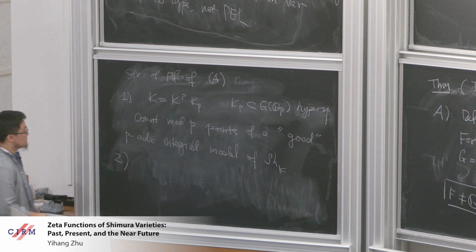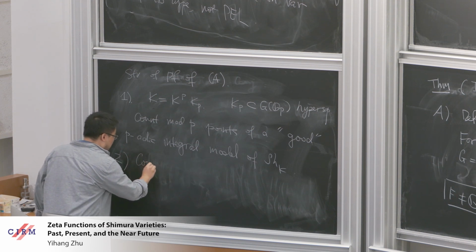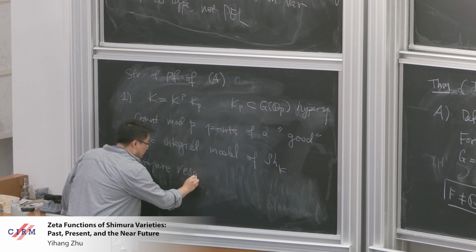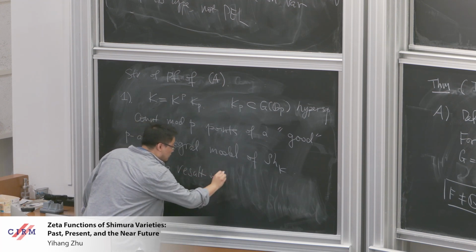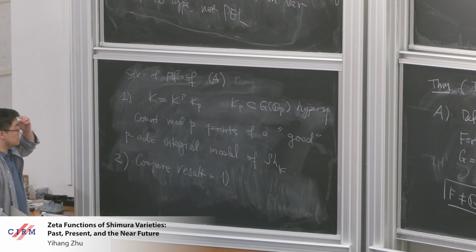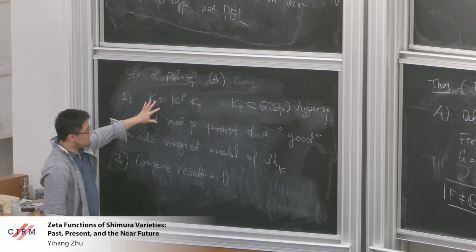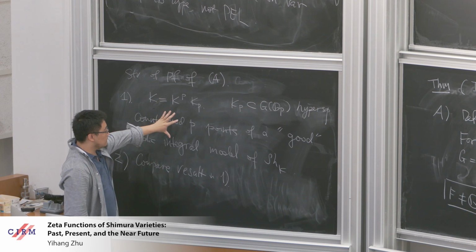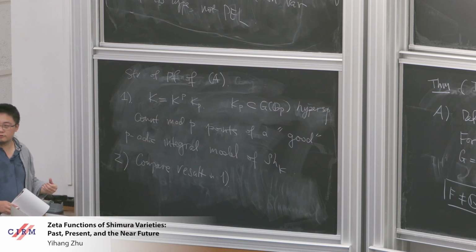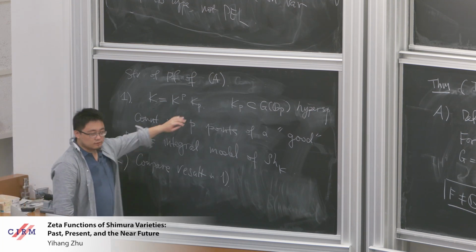Step 2 is you want to compare the resulting count. Essentially we're looking at the compact support cohomology. So by the Grothendieck-Lefschetz trace formula, in order to compute the trace of a Frobenius and the Hecke operator on the compact support cohomology, you just need to count points.